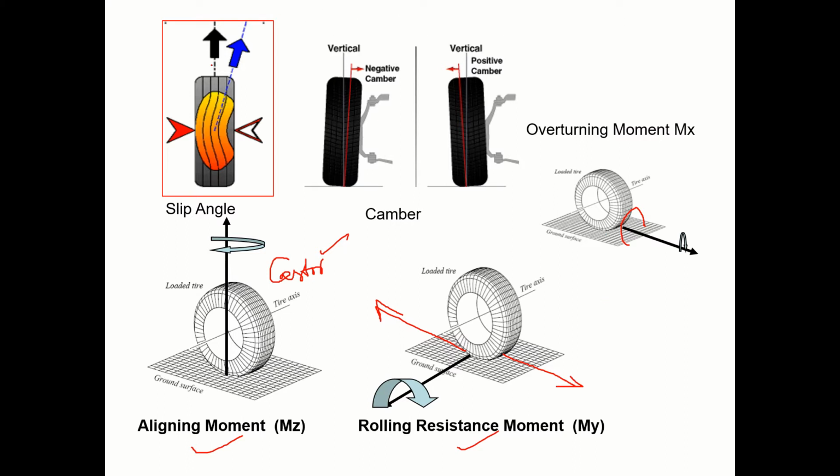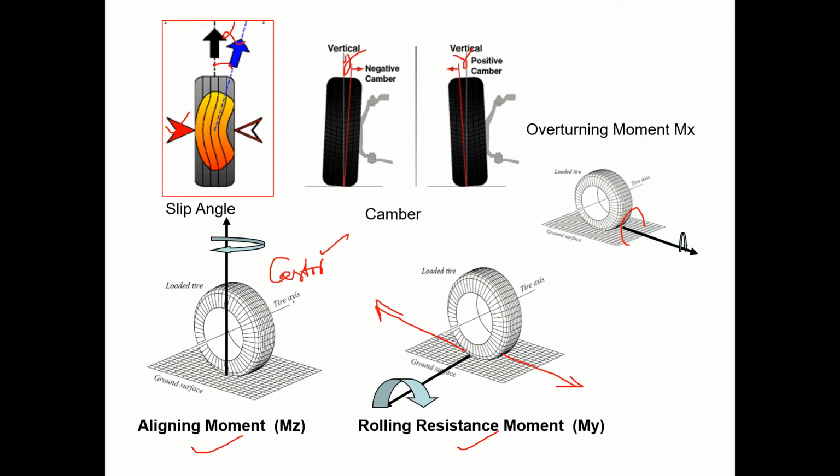In addition to that, whenever the tire rolls taking a turn, because of the lateral force, a tire slip angle comes into the picture, and either a negative camber or a positive camber angle will be provided, depending on the design.